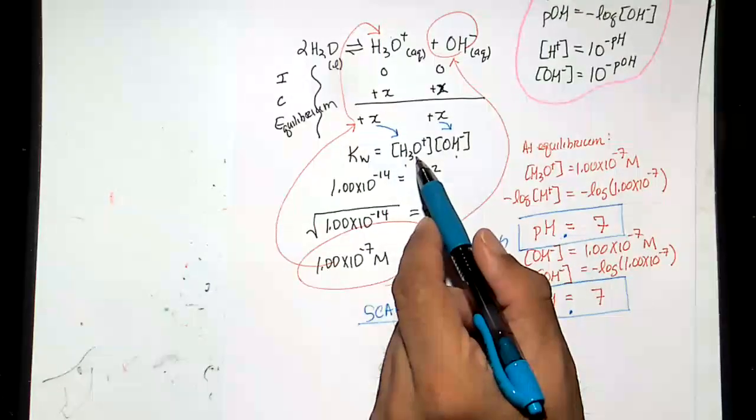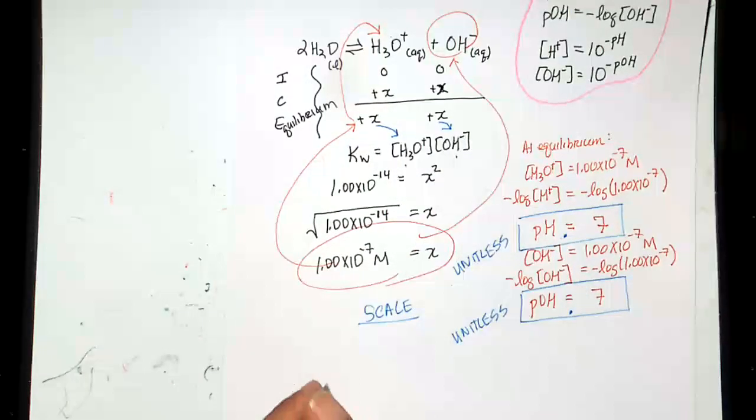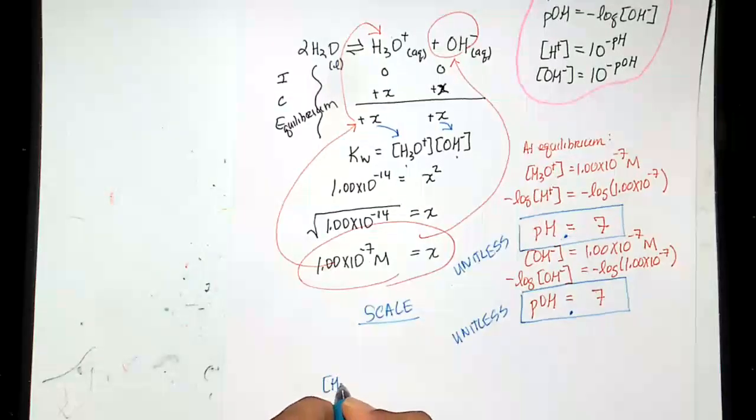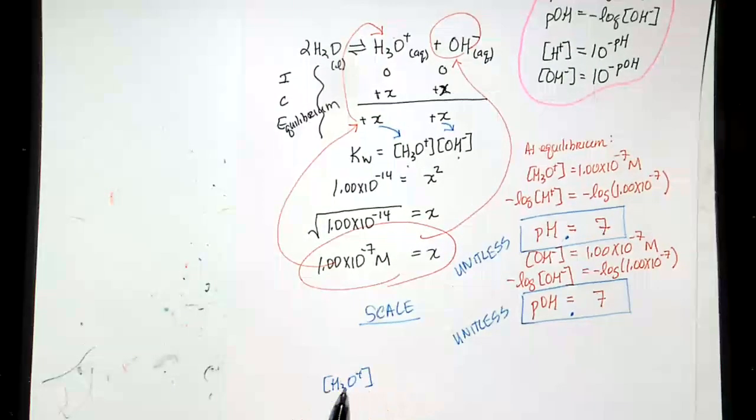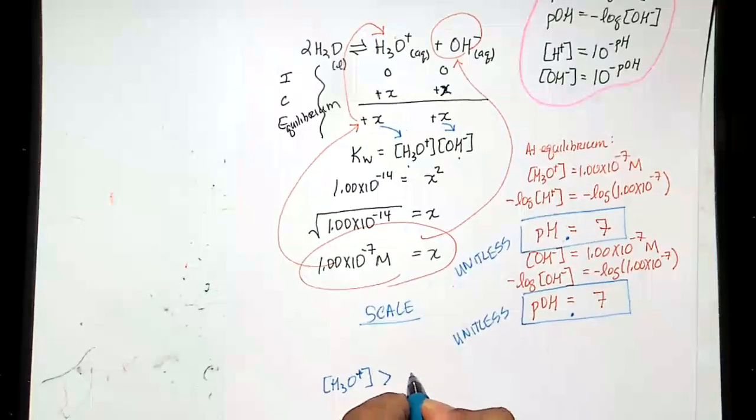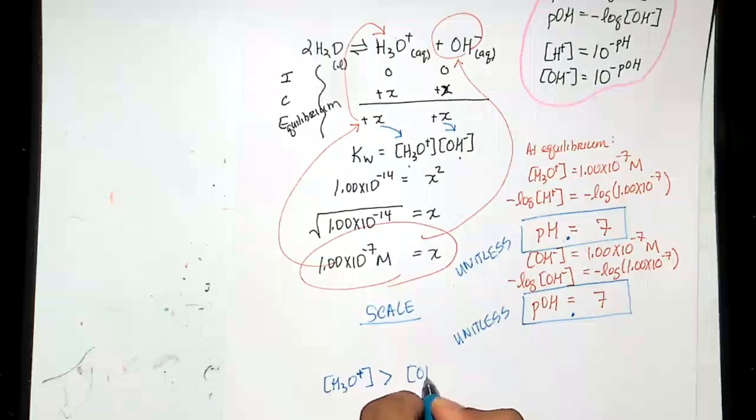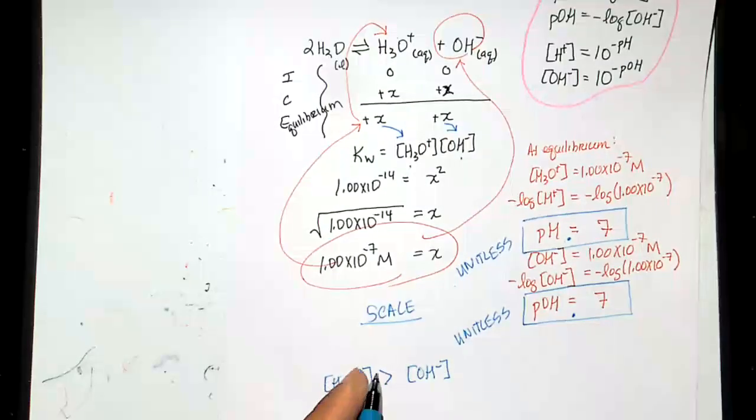What happens if you have more H3O plus than OH minus? Let's say your H3O plus concentration is greater than your OH minus concentration. What will that mean? Will that make you more acidic or more basic? It will make you more acidic.